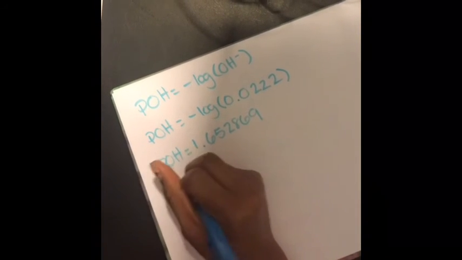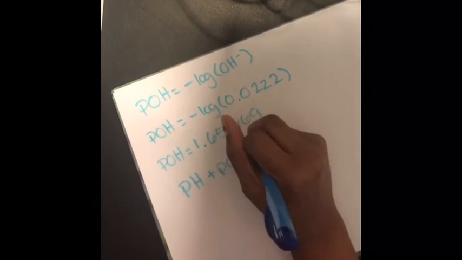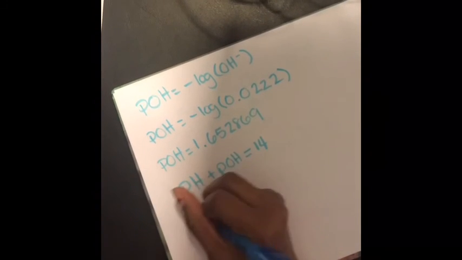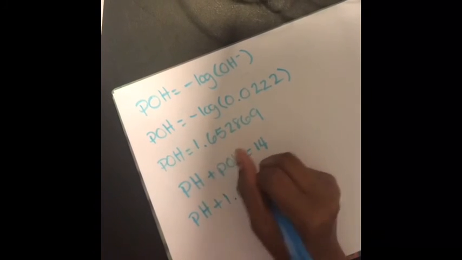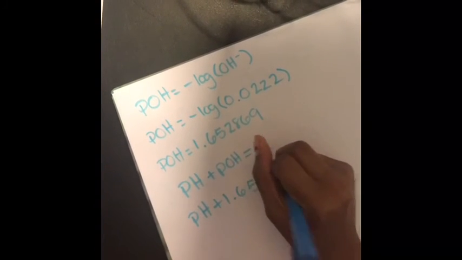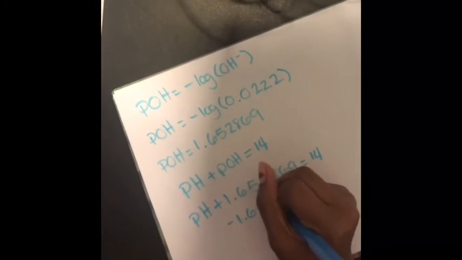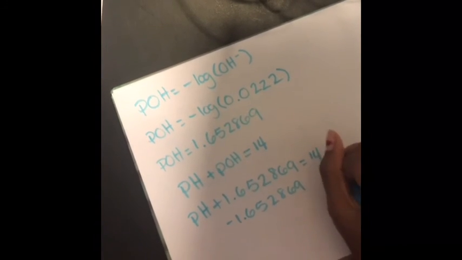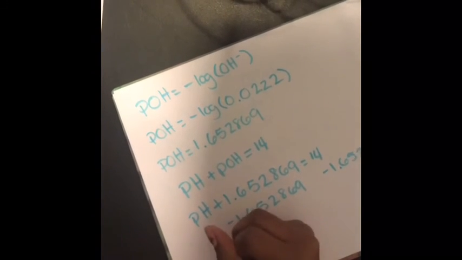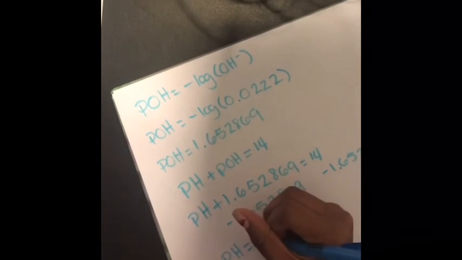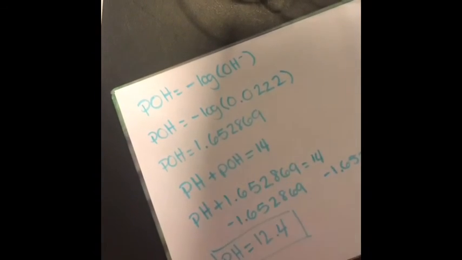If we recall from previous lessons, pH plus pOH is equal to 14. So we would subtract 1.652869 from both sides, and we get our pH, which is going to be equal to 12.4.